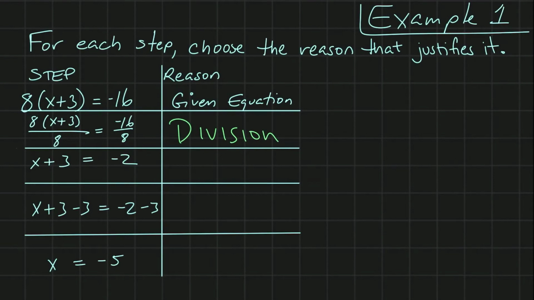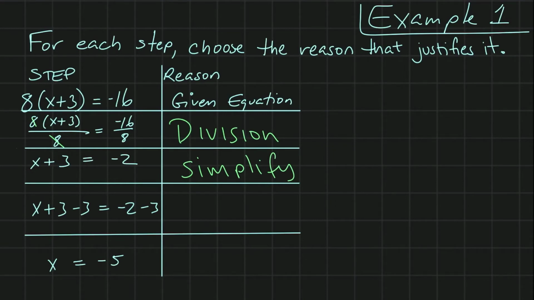We divided the 8 by the 8, so that canceled, and negative 16 divided by 8 equals 2. So what we did was just simplify, which is not really a property of equality, it's just making it clean so we can work with it next.